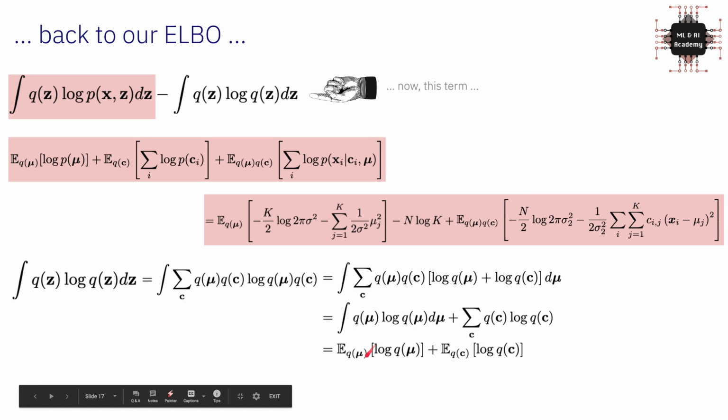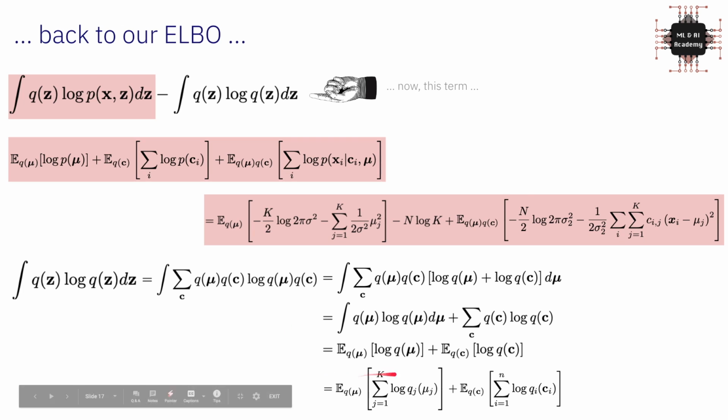And now this equation is simply saying that it's the expectation of log q of mu plus the expectation of log q of c. Great. Which in other terms can also be further written as the summation over j equals 1 to k of log of qj plus the summation from i equals 1 to n of log of q of i. Why did this happen?